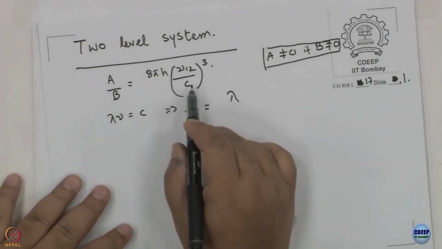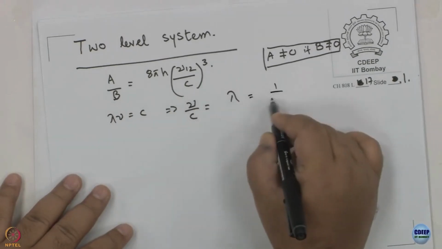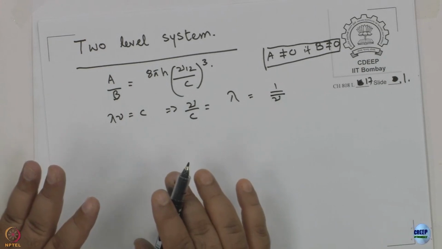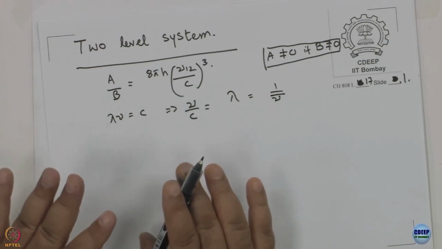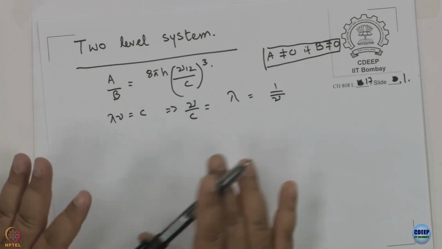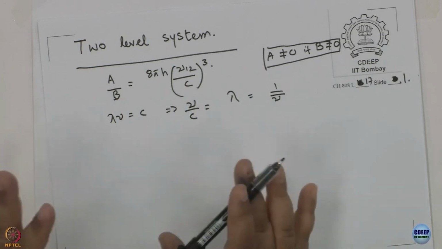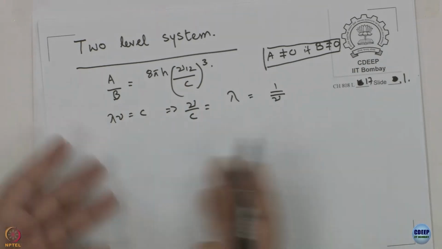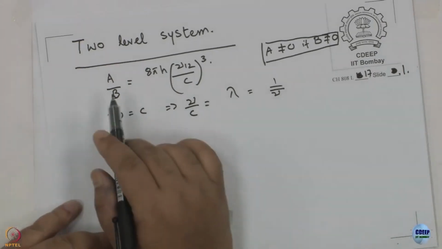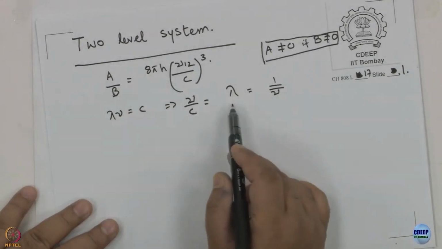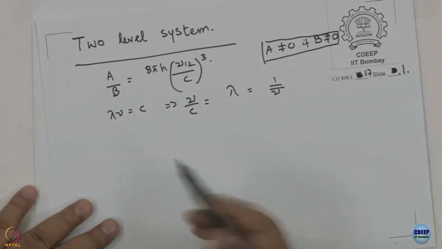In fact, I will go one step forward and write 1 by nu bar, for the simple reason that I remember the wave number of microwave, I do not remember the wavelength. You can do it in whichever way you like, but the point is you can use any one of these. So, you can write A by B in terms of frequency or wavelength or wave number or whatever, energy, anything.